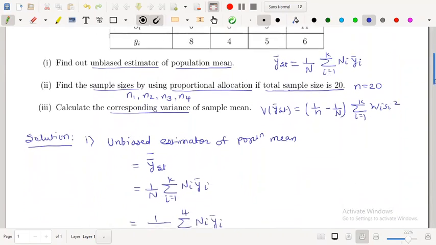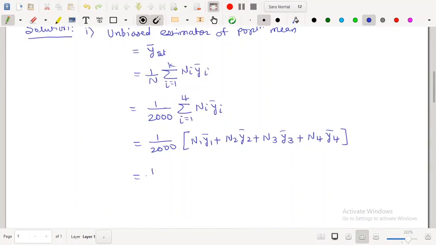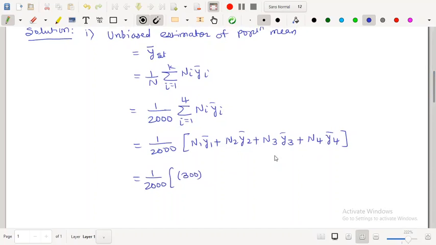So it is 1 upon 2000, capital N1 is I think 300, and y bar 1 is 8, plus capital N2 is 500 and y bar 2 is I think 4, plus N3 is 600 and y bar 3 is 5, plus N4 is 600 and y bar 4 is 6.